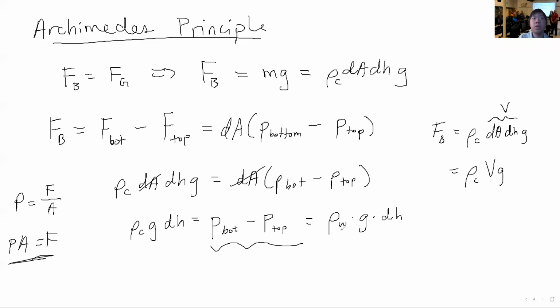But then, the force required to keep something at the top is equal to rho of water times G times dH, times dA actually. So in order for something to float, the buoyancy force is greater than or equal to the weight of the water, right?